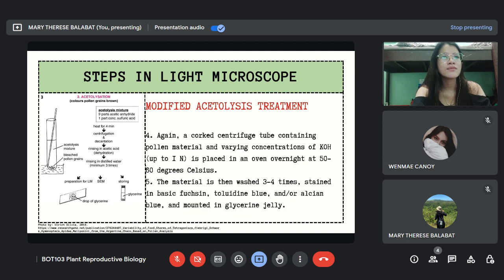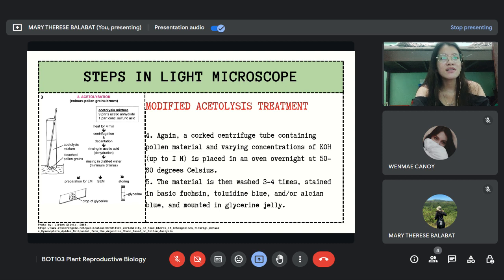So, the fourth step is the cork centrifuge tube containing pollen material and varying concentrations of the KOH up to 1N is then placed in the oven overnight at 50 to 60 degrees Celsius.